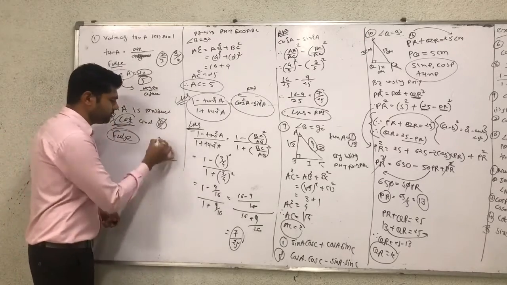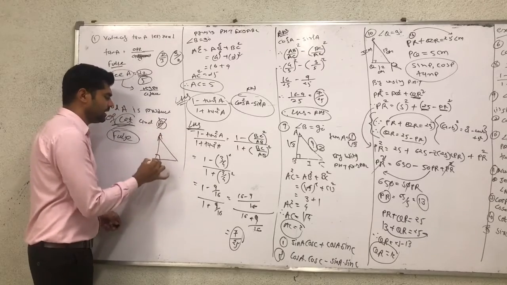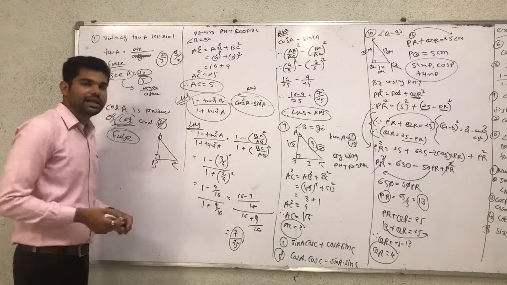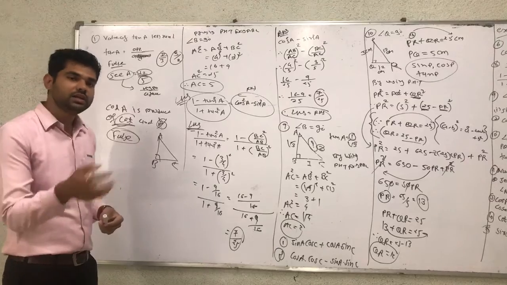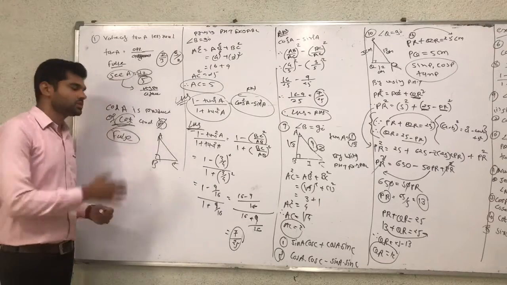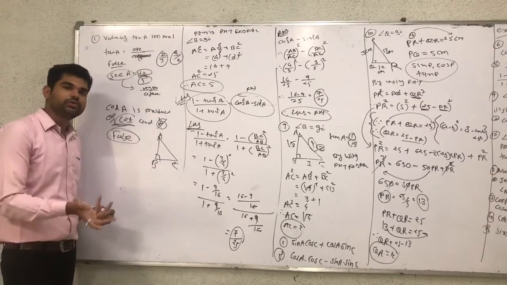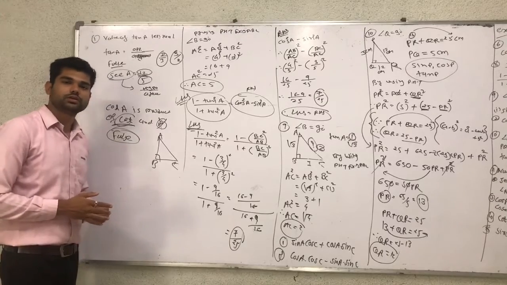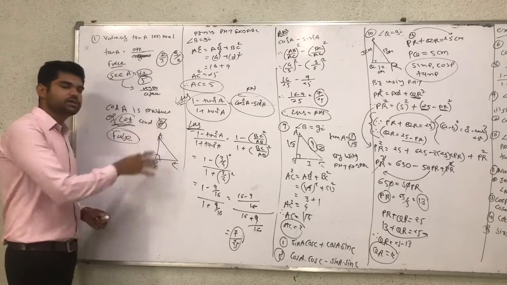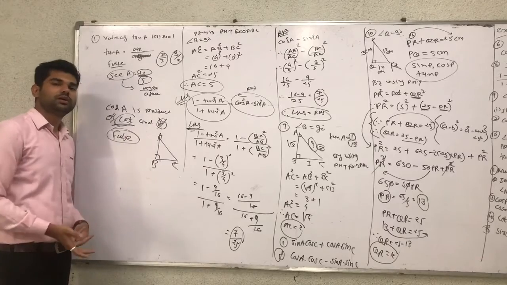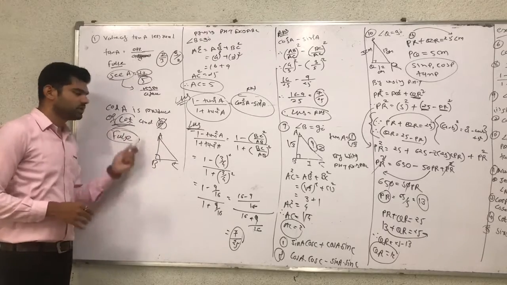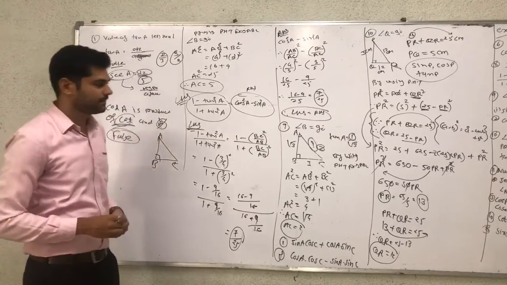In right angle triangle ABC, we cannot simplify which angle to find cot. It means cot A, cot C, which angle to find value of cot. So without A, cot has no value. So given statement is false.